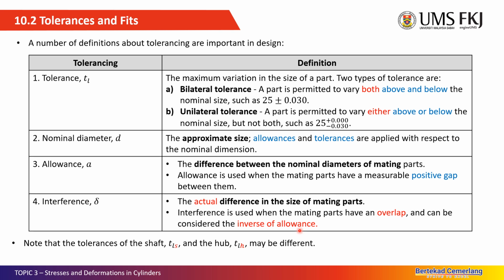So that time we call interference. While for the allowance, the size of the male mating part, for example shaft, is smaller than the female mating part, for example hole. So remember that the tolerance of the shaft, TLS, we add S over here, and the tolerance for the hub, TLH, may be different.